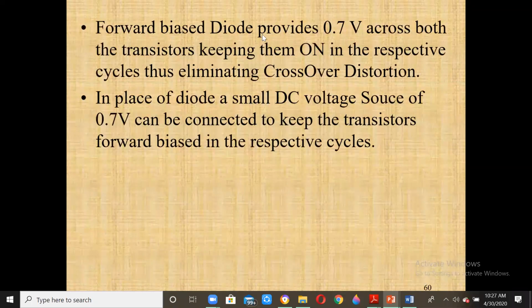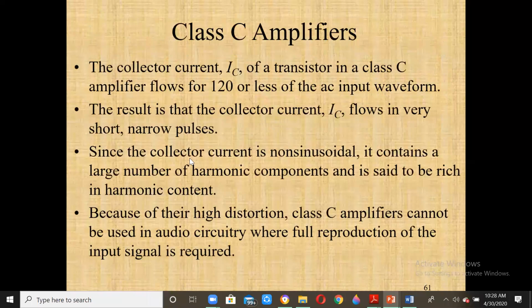So a forward biased diode provides 0.7 volts across both the transistors, keeping them on in the respective cycle, thus eliminating crossover distortion. In place of the diode, a small DC voltage source of 0.7 volts can be connected to keep the transistors forward biased in the respective cycle. So either you use a diode or a DC voltage source of 0.7 volts. That will solve the problem.